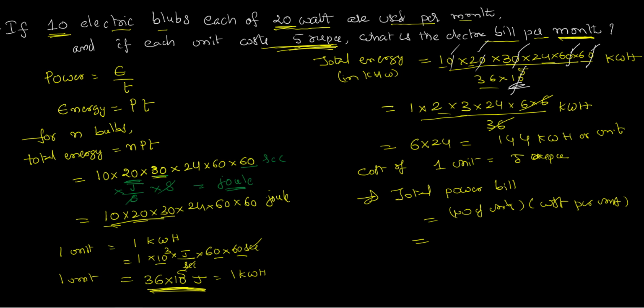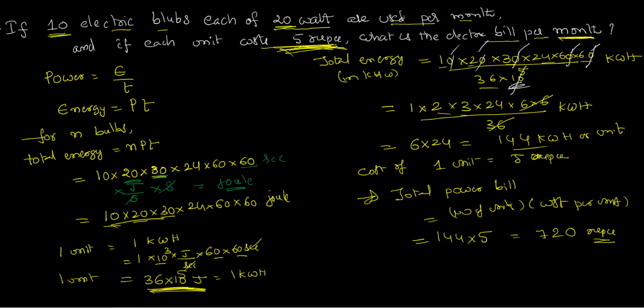We have found that the number of units is 144. It is given that per unit it costs 5 rupees, so 144 into 5. 5 4s are 20, 5 4s are 20 and another 2, 5 1s are 5 and another 2. So the answer is 720 rupees, or $720, depending on which country you are living in.